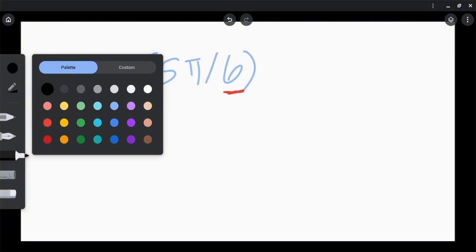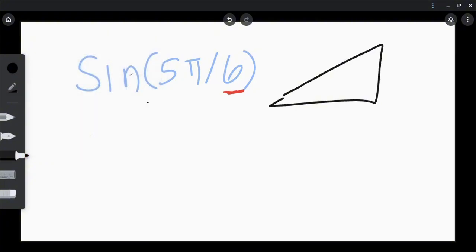So what that means is that you're going to use a triangle that is going to look like this. Not necessarily in this direction, but will look like this. And we'll have the y value with the 1, okay?